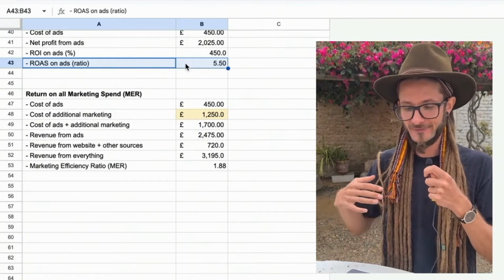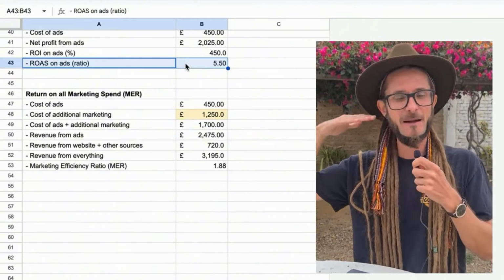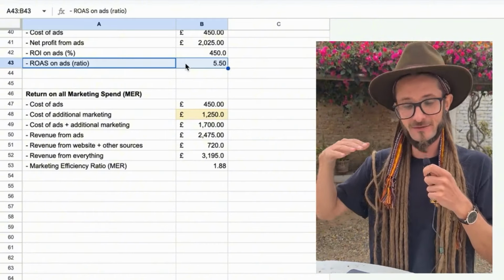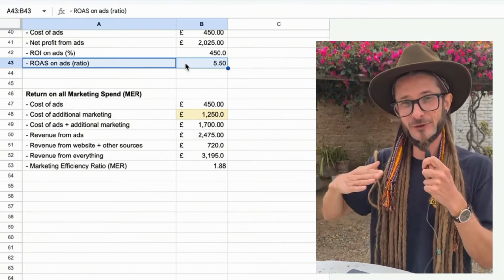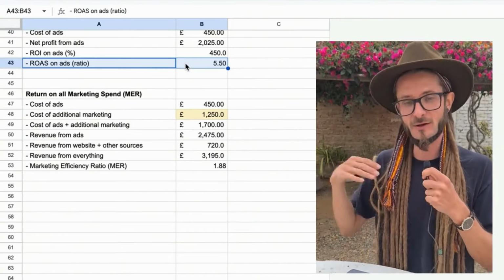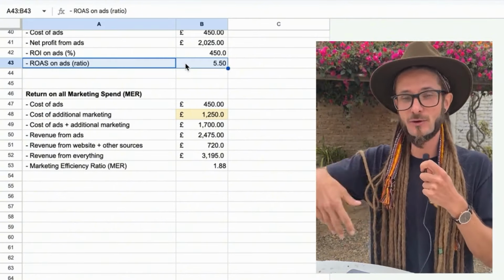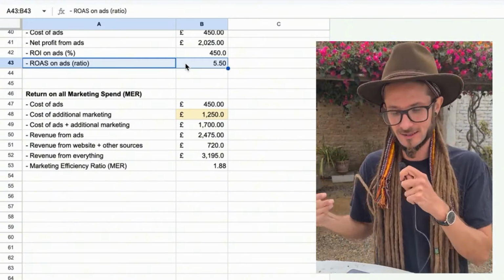Which tells me that the other marketing disciplines can also work on gaining a better ROI, and that the ads results actually are propping up quite a lot of the marketing tactics in general, right? We've got a 5.5 for our ads, but we got a 1.88 across all other marketing, right? Which tells me there's a lot of work to do there, right?